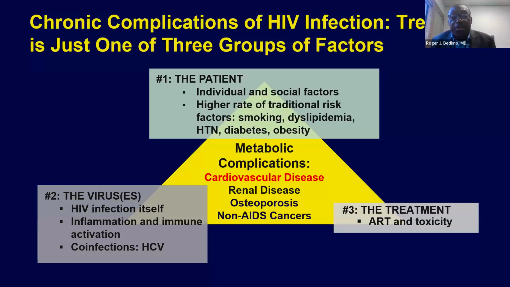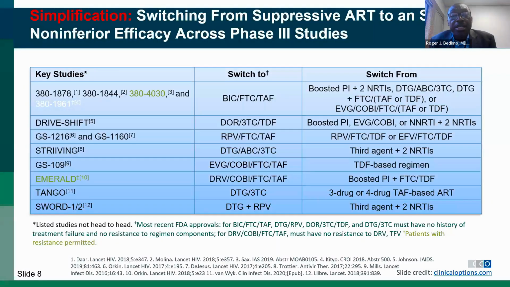Then comes the virus, like Dr. Saag said, which increases immune activation and inflammation, and these things are drivers of a number of chronic complications, including cardiovascular disease and cancers. But we, of course, don't have the luxury of talking to these people living longer if they're not on treatment. That treatment itself, antiretroviral therapy, may bring about some complications that heighten the risk of metabolic complications, as we will discuss later.